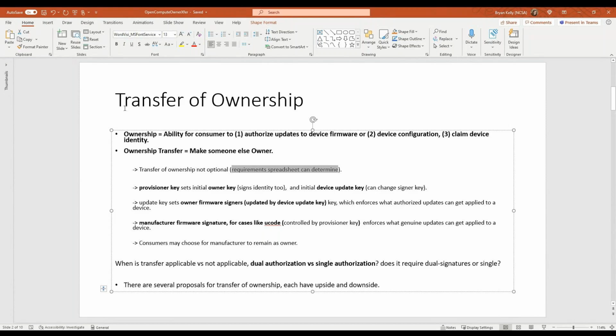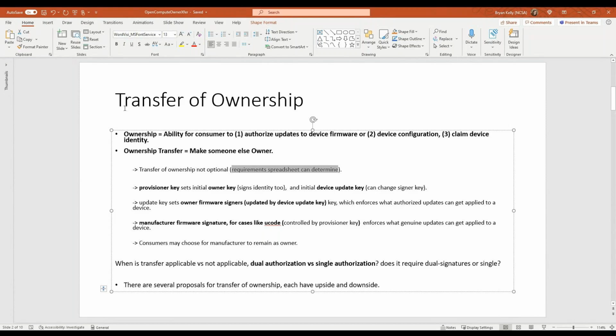So, if the definition is to authorize updates to a device firmware, or change the device configuration, or claim the device identity, then I think that's different to a scenario where you have a device which is usually fully custom, like a BMC, for example, where there's no vendor firmware.